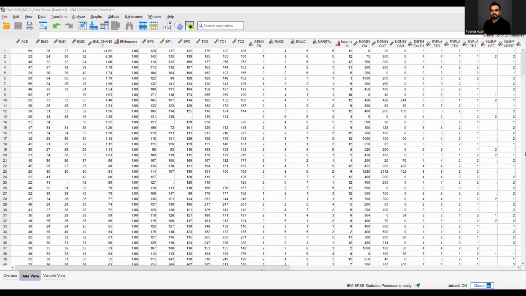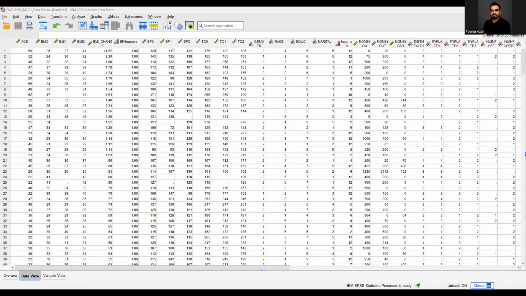And this is my two-sided p-value, and then the confidence interval. And these are the independent samples effect sizes. Cohen's d point estimate is 0.347, which shows a medium effect size.